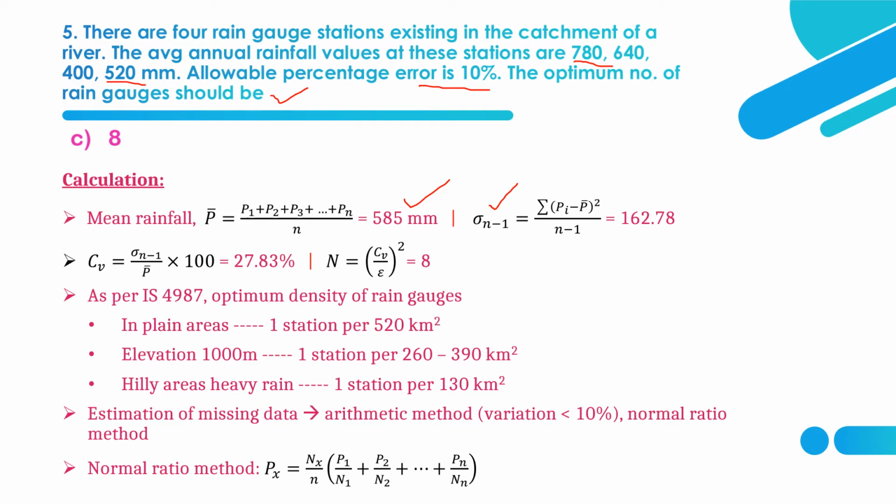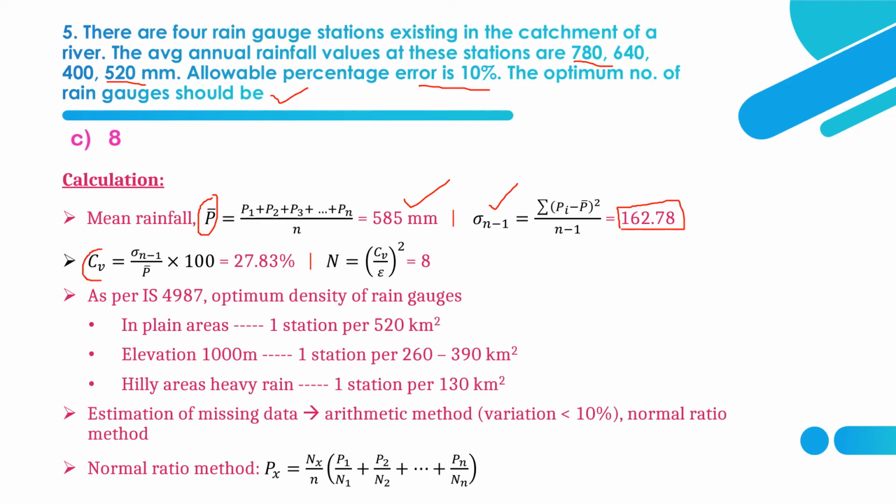Pi is the precipitation at the ith gauge, that is P1 is 780, P2 is 640, P3 is 400, P4 is 520, minus the average, which we found as 585 mm. Summing up all the terms, squaring, and dividing by n minus 1 gives the standard deviation value as 162.78.